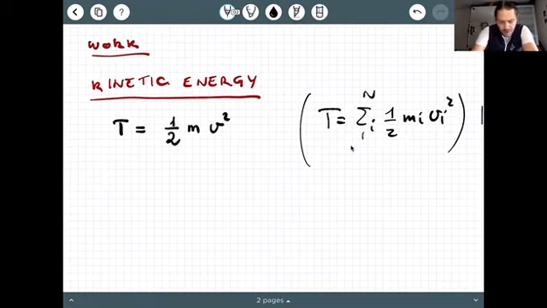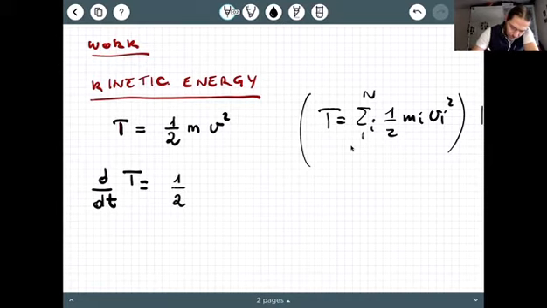And why do I care about kinetic energy? Because kinetic energy and work are actually related by a very useful relationship. How do I know? Well, let's take the time derivative of the kinetic energy. You can do it the following way.